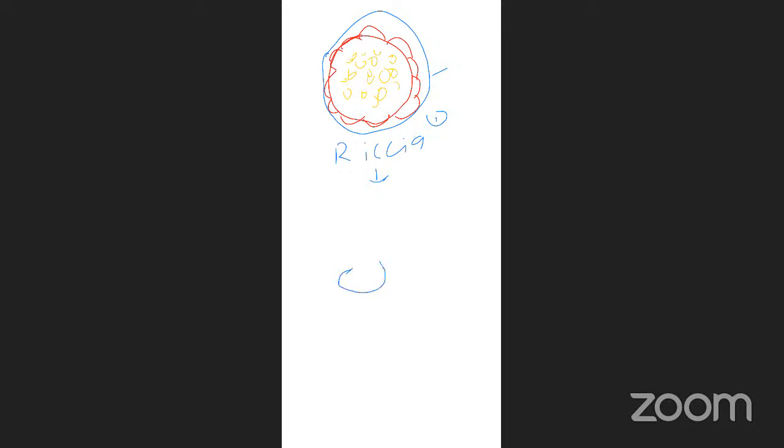The sterile nurse cells and the same tetrads are there. The red-colored ones are elaters.